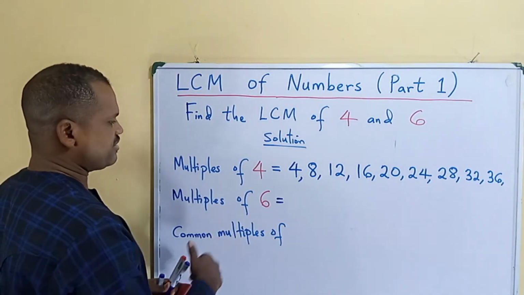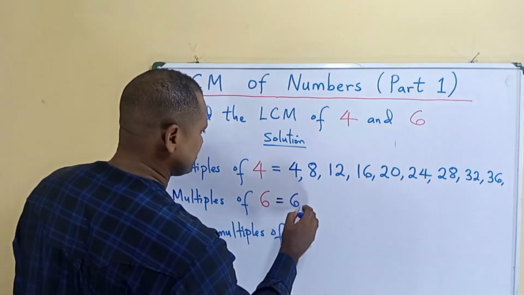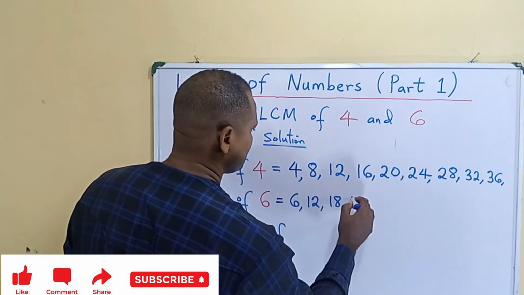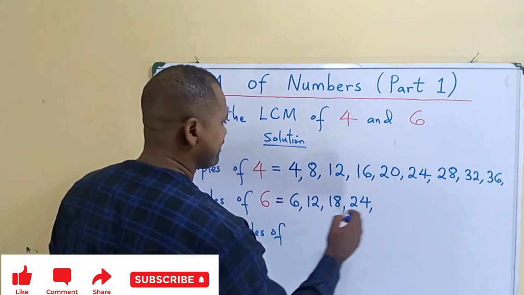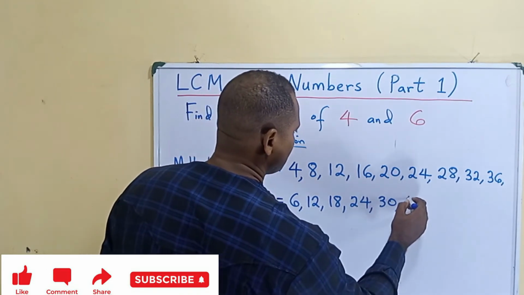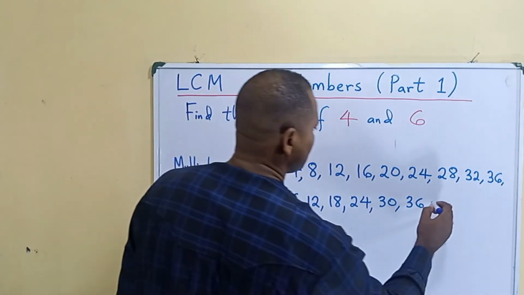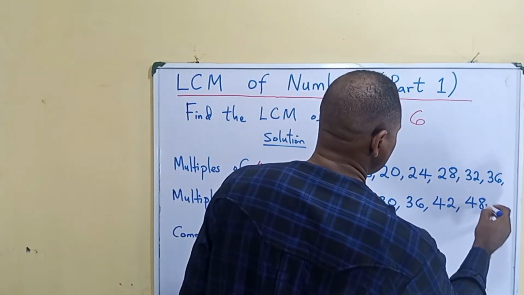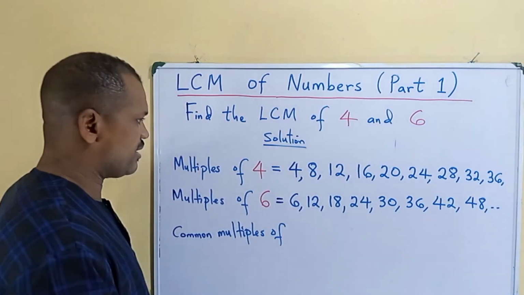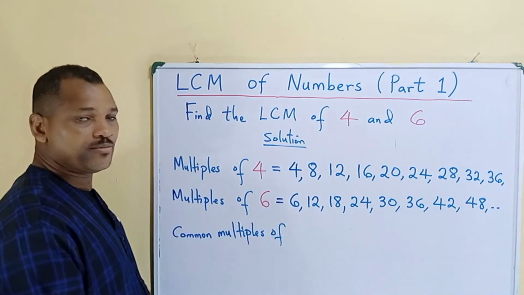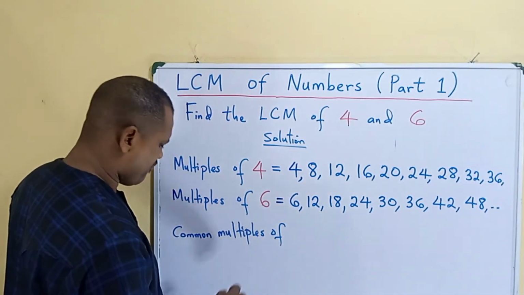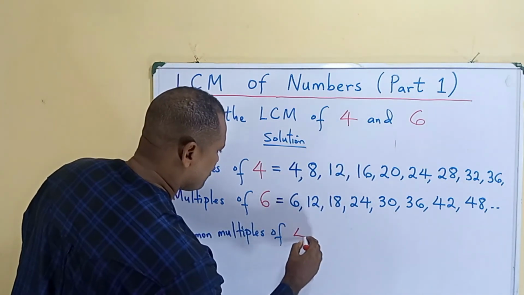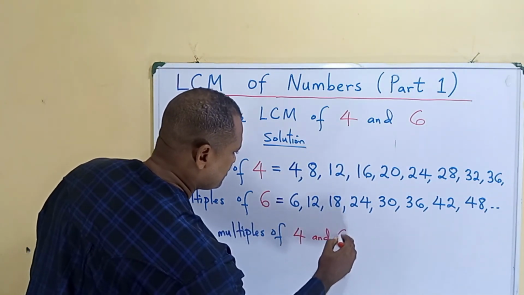And multiples of 6, of course, 6, 12, 18, 24, 30, 36, 42, 48, like that. So the next step, common multiples of 4 and 6.